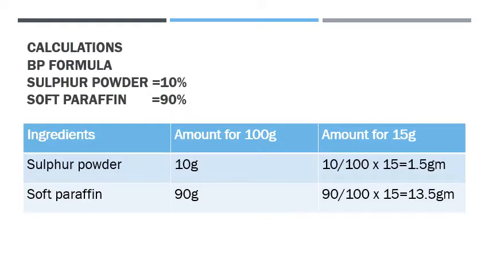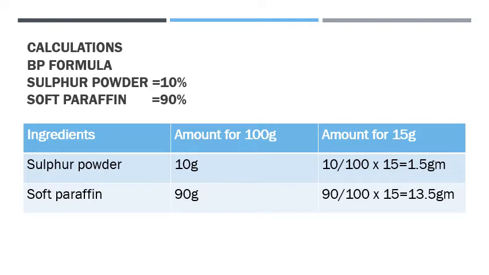Now you have to make 15 grams of sulfur ointment, and the formula used for making that ointment is known as the BP formula. BP stands for British Pharmacopoeia. The British Pharmacopoeia is a book that contains the formulas for the preparation of different drugs.